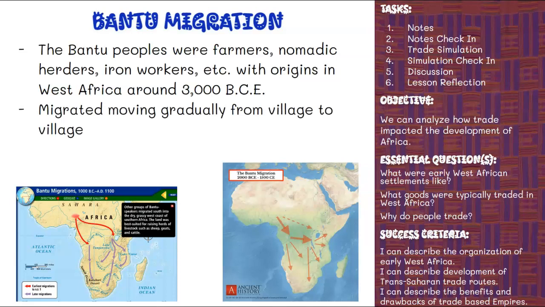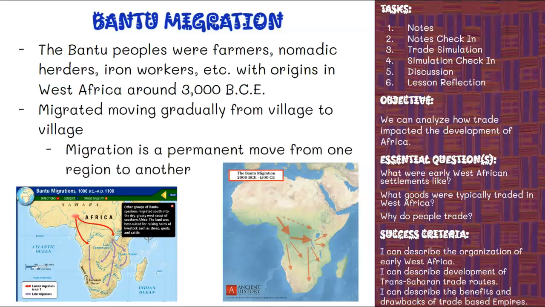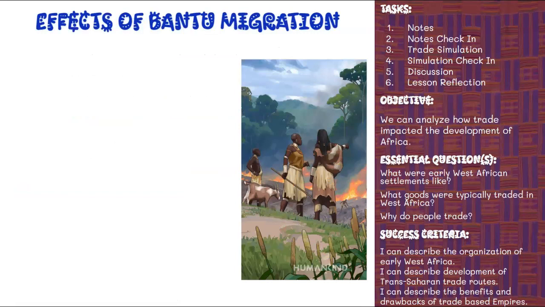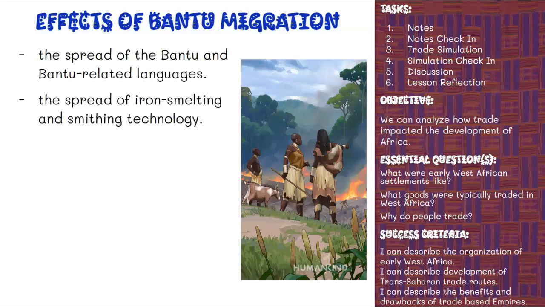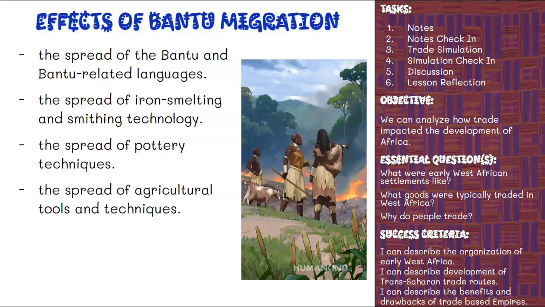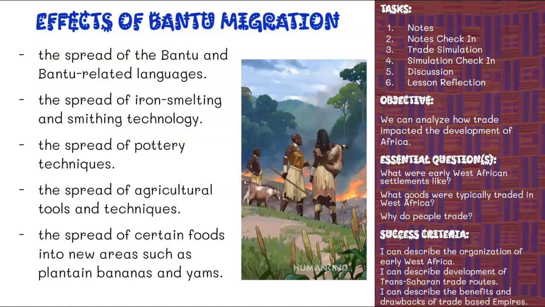Their migration, which means a permanent move from one region to another, went gradually from village to village. This is important because it led to the spread of the Bantu and Bantu-related languages, the spread of the ability to ironwork and also melt it down and make it into things, the spread of certain pottery techniques, the spread of agricultural tools and techniques, and the spread of certain foods into new areas like plantain, bananas, and yams.